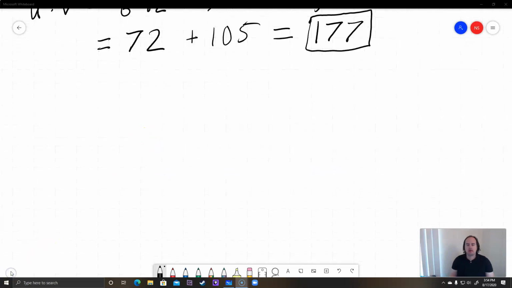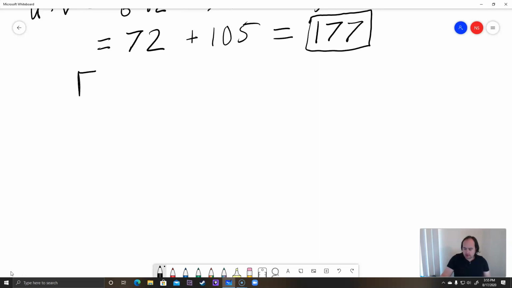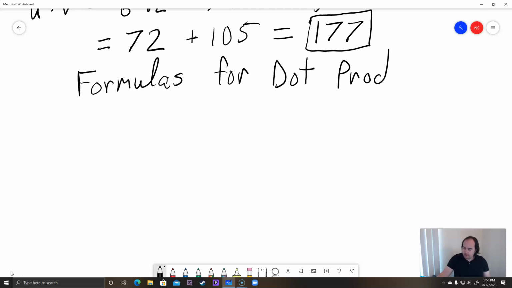Alright. Okay, cool. So I wanted to give you some general formulas involving this new dot product. So let's learn some formulas for the dot product. Now the first one you can probably already guess how it's going to look based on what we did up there.